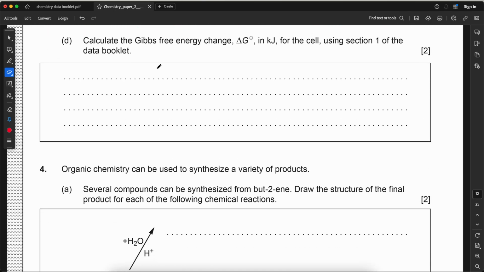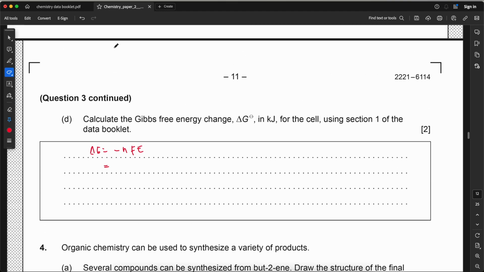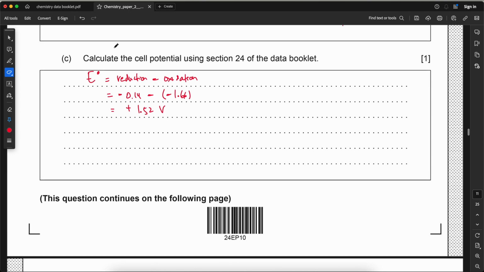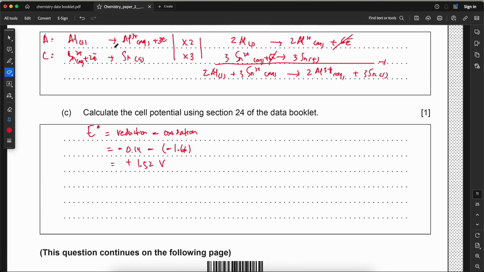Calculate the Gibbs free energy change, delta G, in kilojoules for the cell using section 1 of the data booklet. So delta G will be negative nFE, and we've got 6 electrons involved, 6, not 3 or 2.